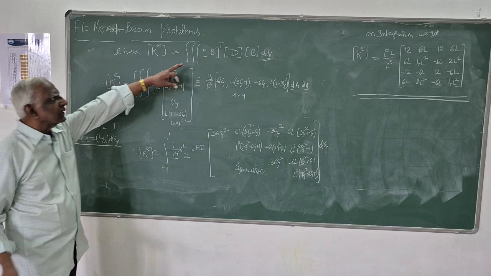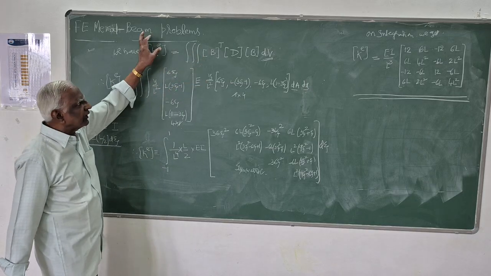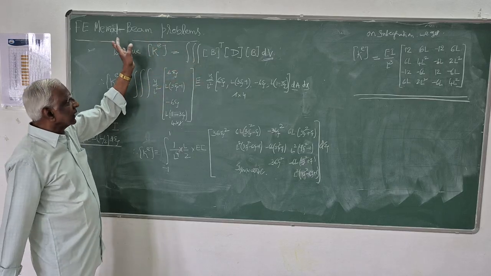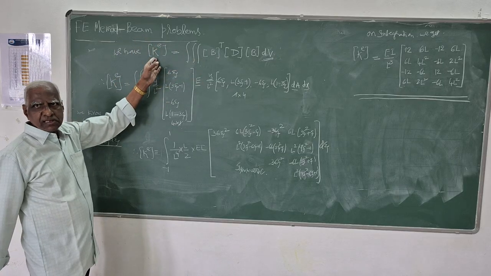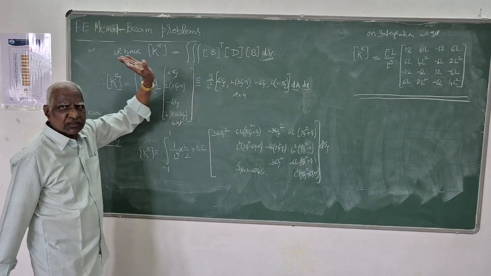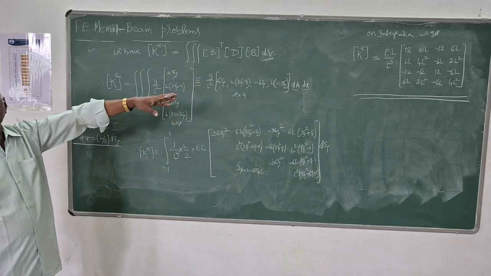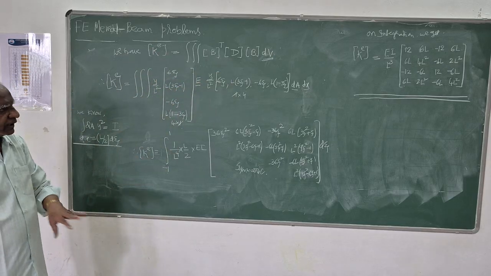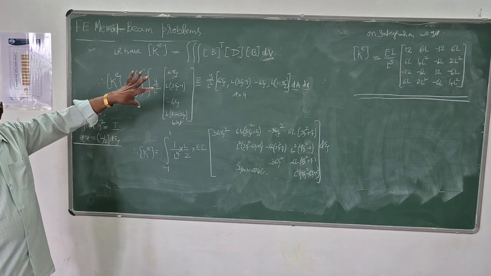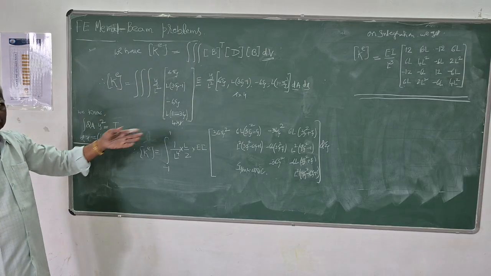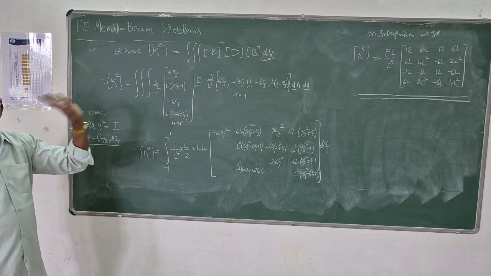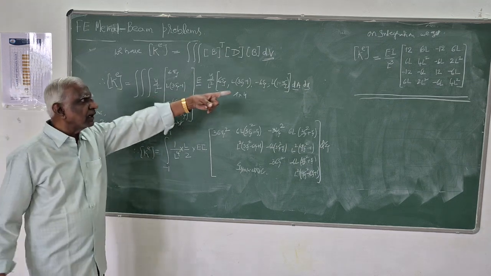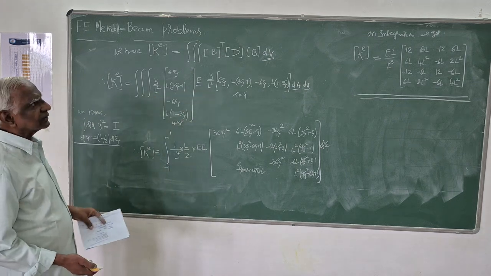Then using that strain displacement matrix, with what we have derived for the general stiffness matrix equation, using this formula, you can get the stiffness matrix of the segment. All this I have explained in the finite element procedure that we are using here. Using that procedure, I have arrived at the stiffness matrix.